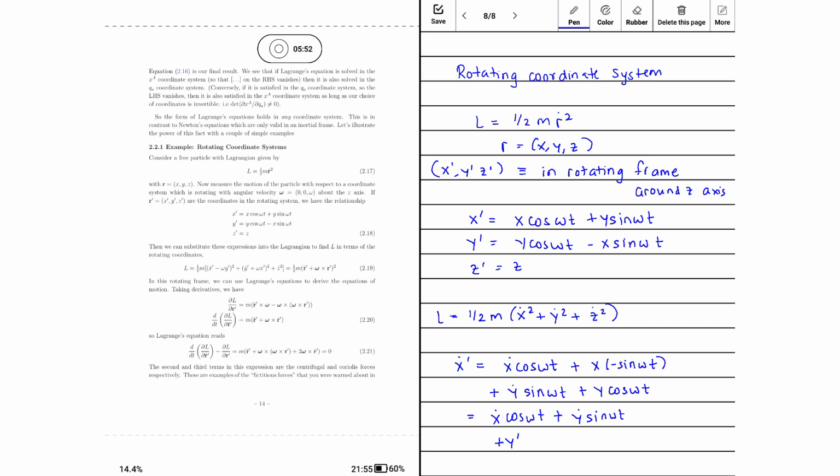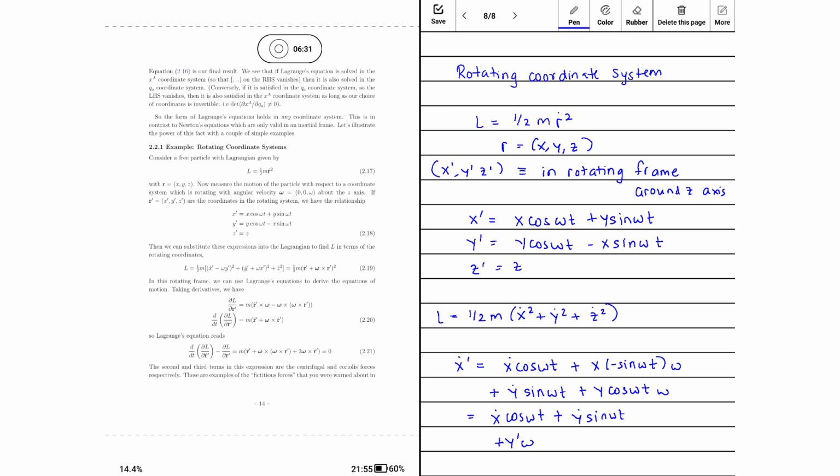Okay, I think I have forgotten a factor of omega. When I take differentiation, there will be a factor of omega. So y dash omega. So it's like this minus this. I expected a cancellation of some sort. It's not happening. I wonder why.